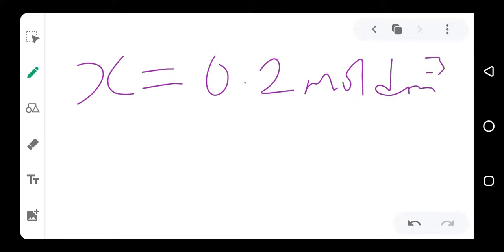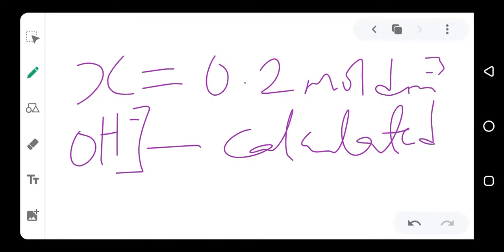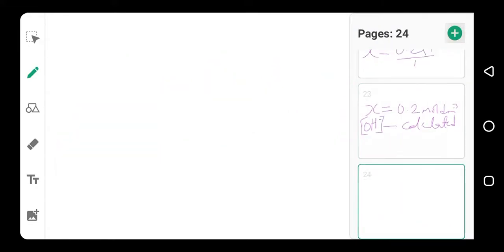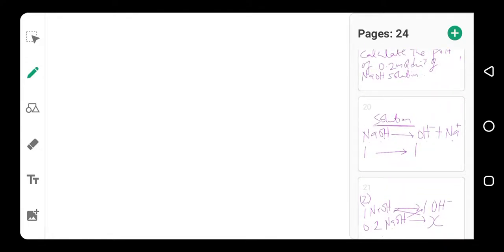Now this is the concentration of hydroxyl ion produced. So this is the calculated hydroxyl ion concentration. So in step 3, we go back to the question and look for what they asked us to find.